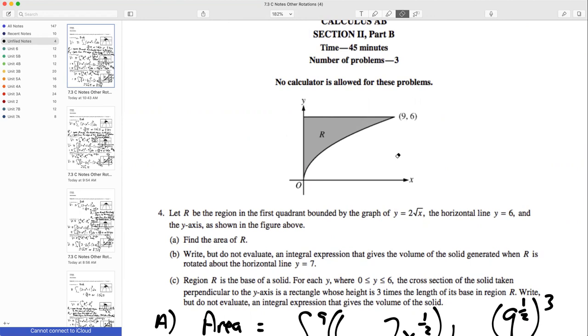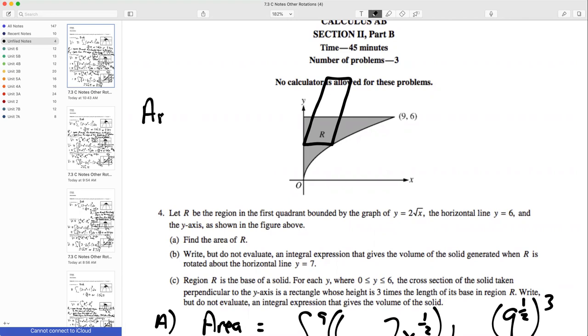So let me erase all of this. The base, they said, was perpendicular to the y-axis, and the cross section is a rectangle. So there is my representative rectangle, perpendicular to the y-axis.